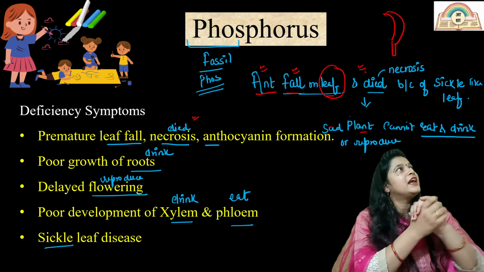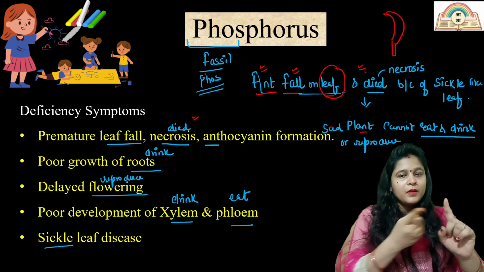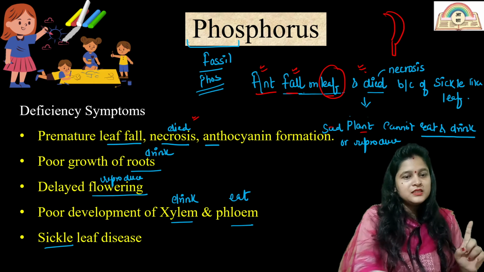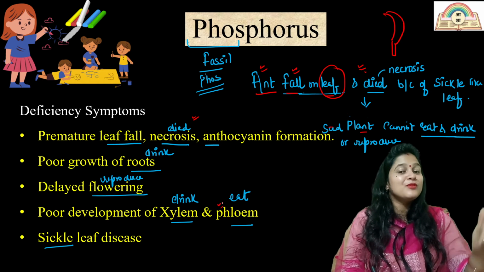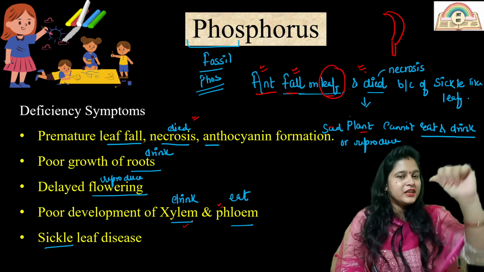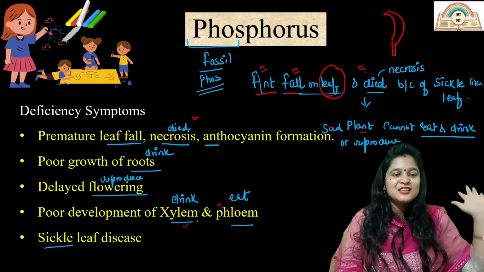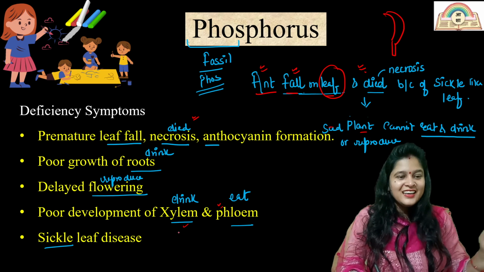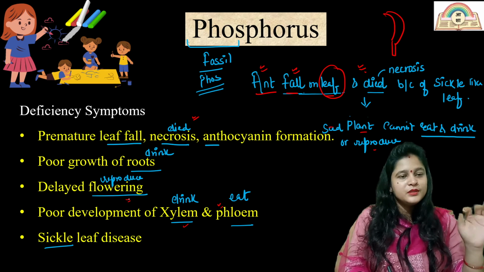So see, the sad plant cannot eat or drink or reproduce. Eating is through the phloem, where food is transported in the plant. Drink means it's not drinking alcohol, it's drinking water. Through the xylem, water is transported to different cells of the plant. And reproduce means here flowering, delayed flowering.